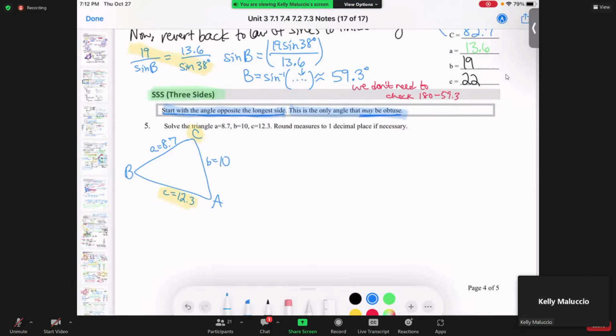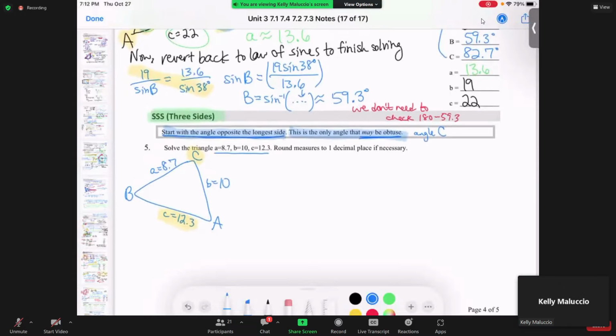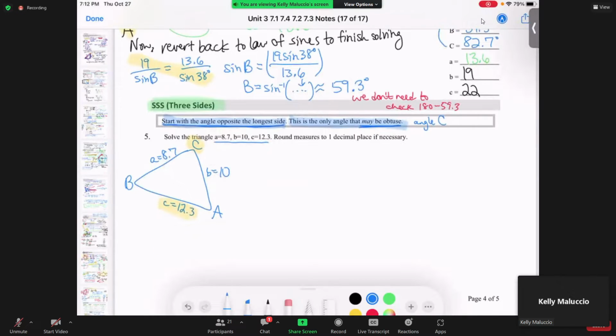And that's almost always angle C. Unless they're writing the triangle differently, typically C will be the longest side. And in this case that they give us, it is. So we're going to use law of cosines again, because there's no angles here, so we can't use law of sines.